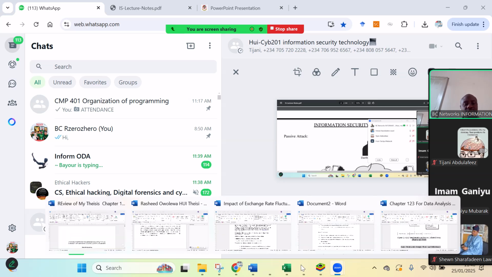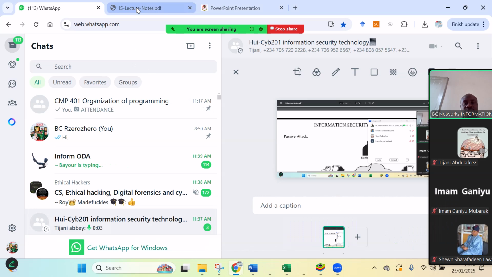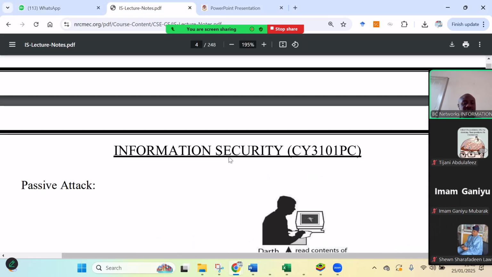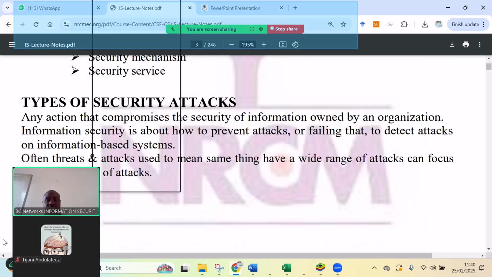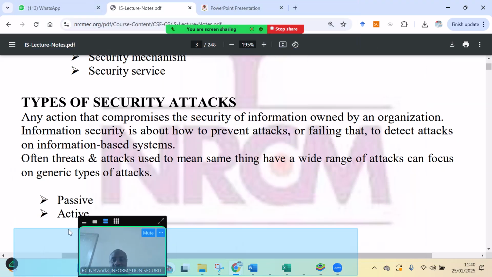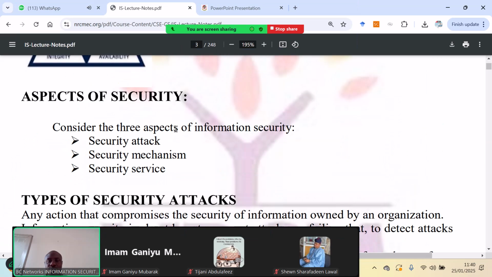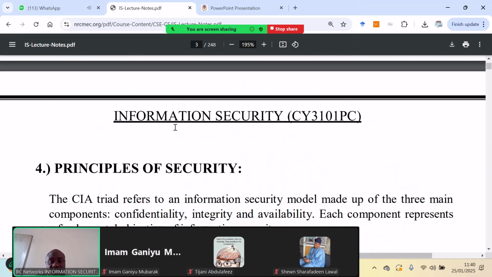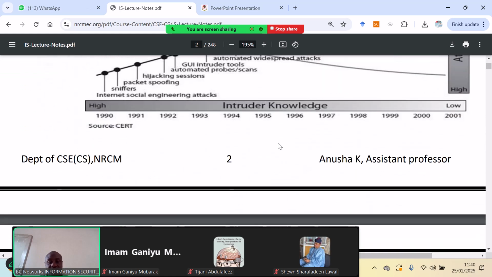So last week we tried to look at some areas where information security systems can be compromised, and we also looked at the principles of information security systems.